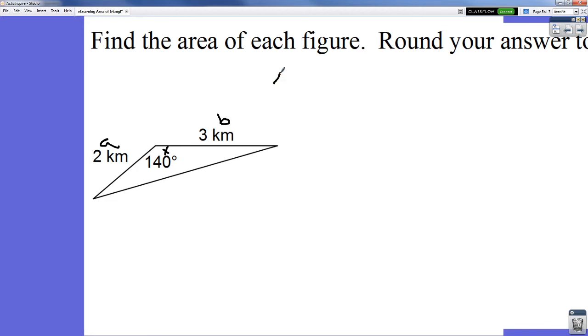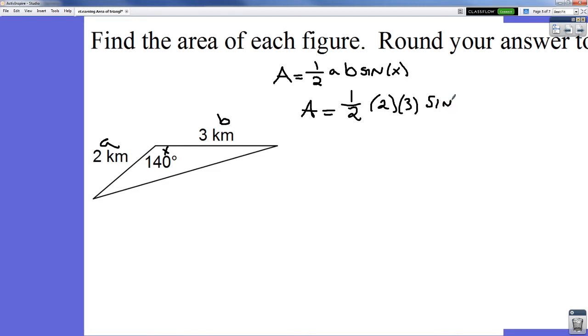So area equals 1/2. I'm going to write out the whole equation. A, B, sine of X. And then we're going to plug everything in. There's A, there's your B, there's your X. So area equals 1/2 times 2 times 3 times the sine of 140 degrees.